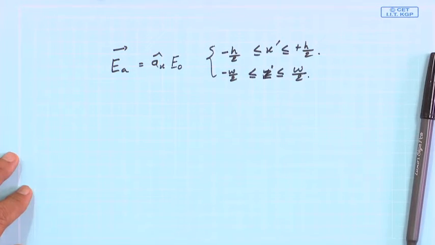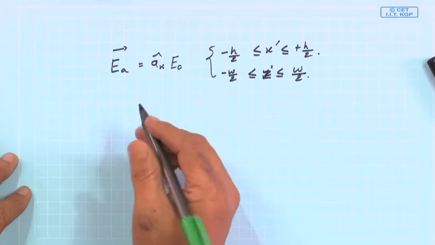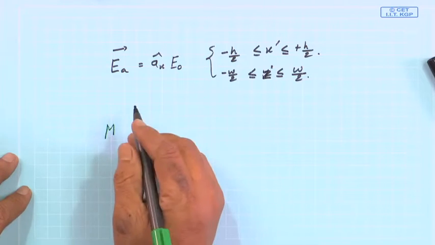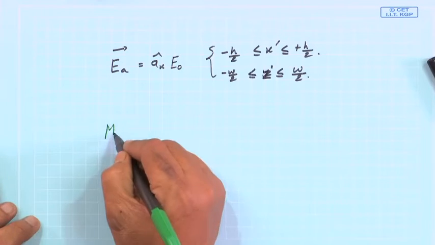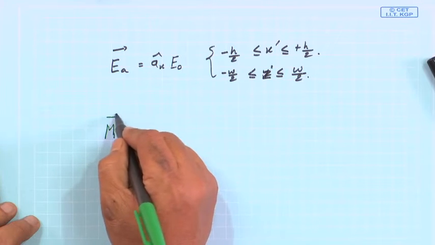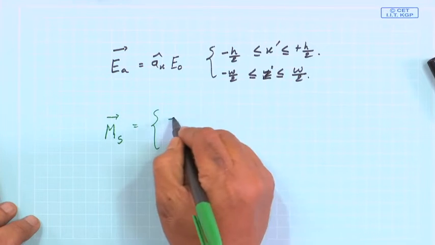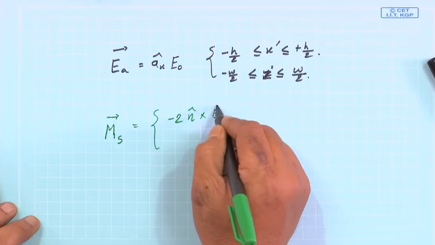The equivalence principle says that, since this slot is backed by a ground plane, Js is 0 and Ms will be minus 2 n cross Ea.